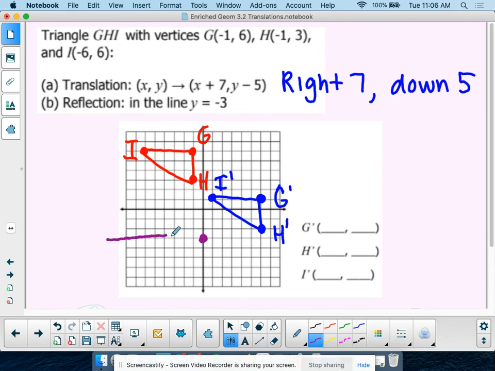Just that blue one. Now we want to reflect over that purple line. Just the new one, our prime. If you remember right, we just count away from that line. And how you label this one is double prime, so 2 little apostrophes. H double prime.